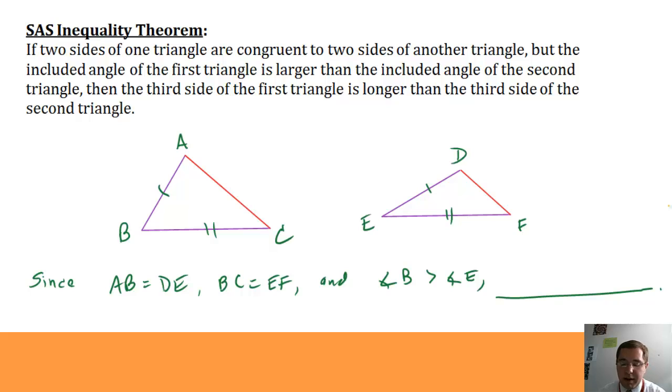So since AB equals DE, BC equals EF, and angle B is greater than angle E, these triangles are not congruent. They're clearly not congruent. This is not side-angle-side congruent triangles. But this theorem says then the side opposite the larger angle, side opposite angle B, which is AC, must be greater than the side opposite the angle of the second triangle, which would be DF.